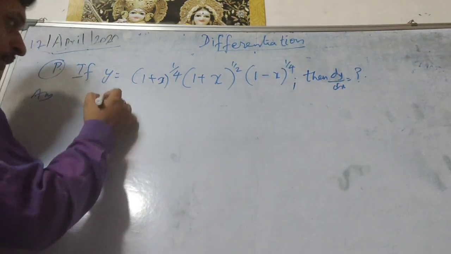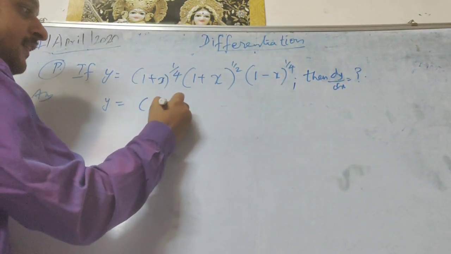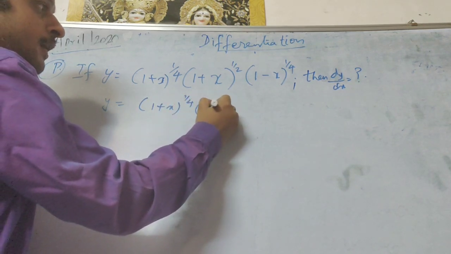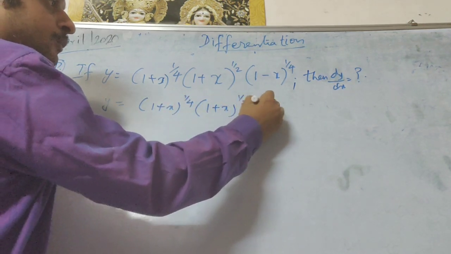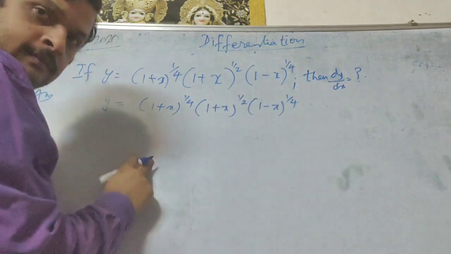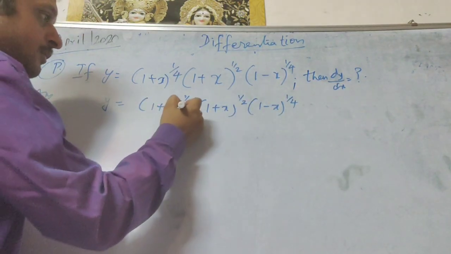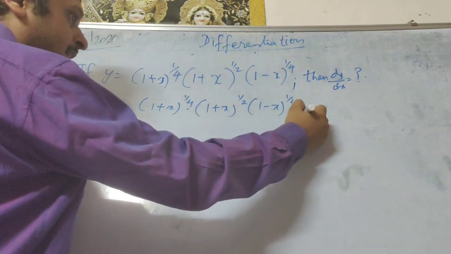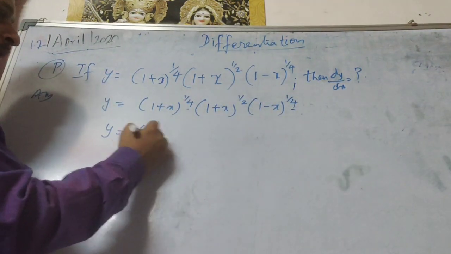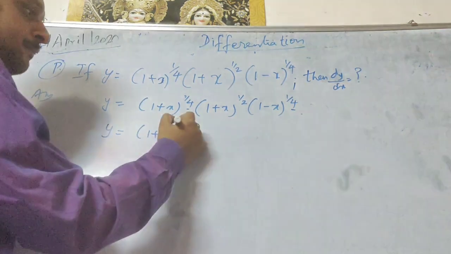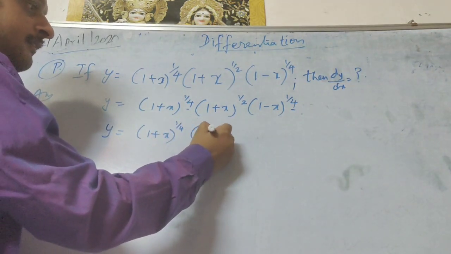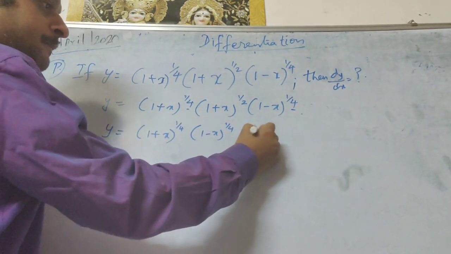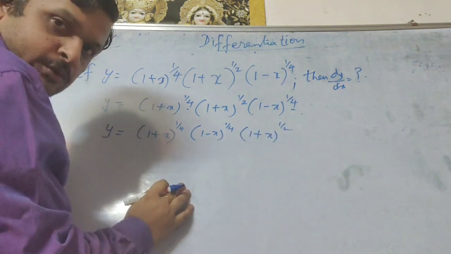So we'll have y equals 1 plus x whole power 1 by 4 into 1 plus x whole power 1 by 2 into 1 minus x power 1 by 4. Now I will try to combine these, since this power is 1 by 4 and this power is also 1 by 4. I'll write them next to each other: 1 plus x whole power 1 by 4 into 1 minus x power 1 by 4 into 1 plus x power 1 by 2.